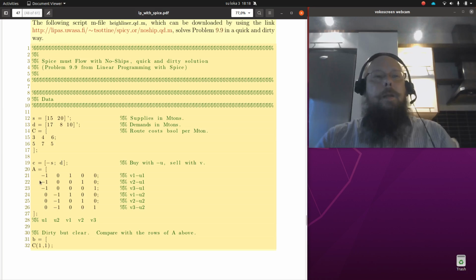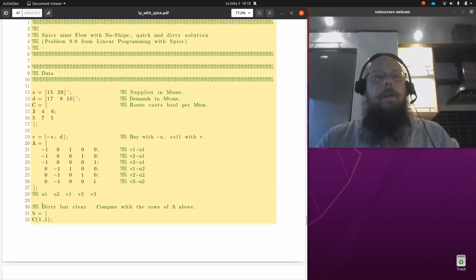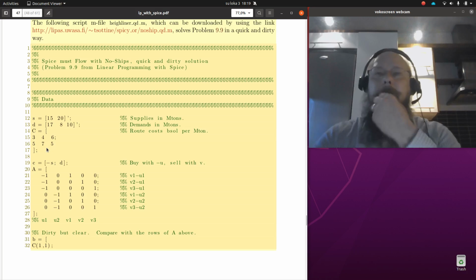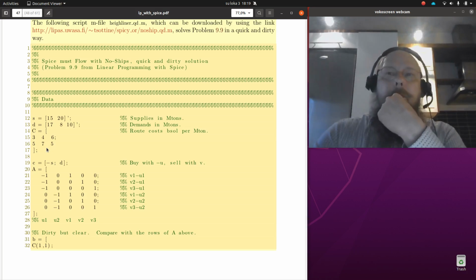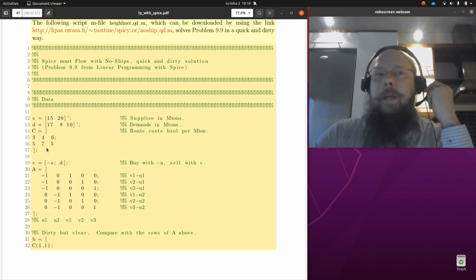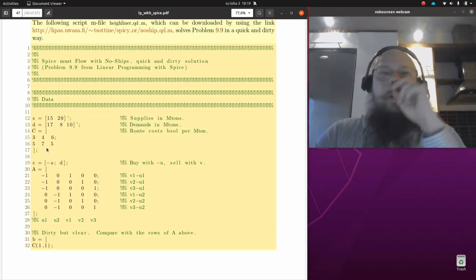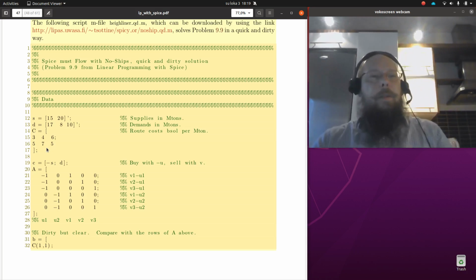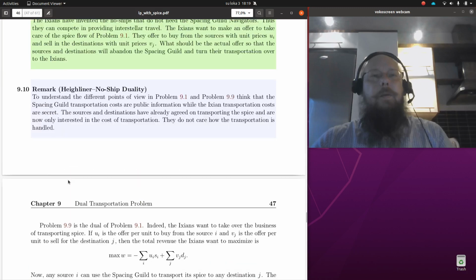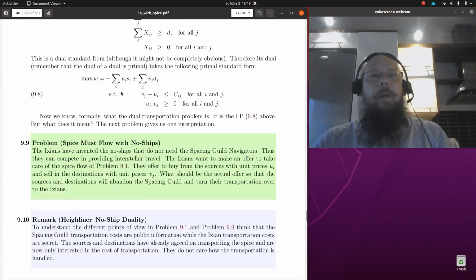Let's then consider the A. This is the kind of tedious thing to do. Very easy to make a mistake here, but let's hope that this is now correct. So what's the A here? A will be the constraints here, Vj minus Ui for all i and j.